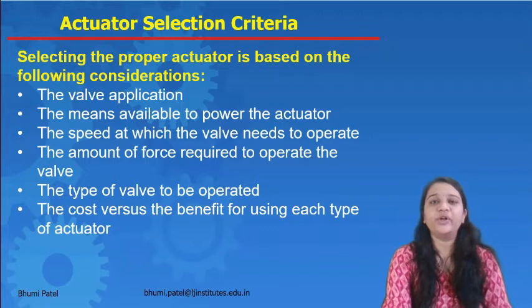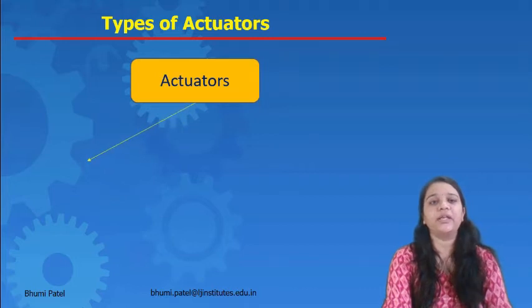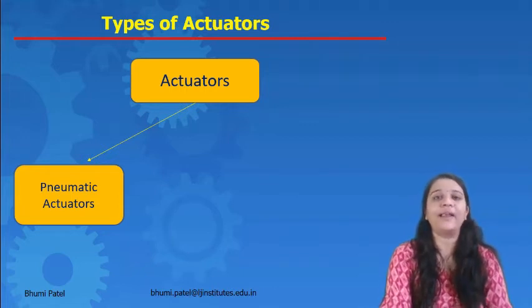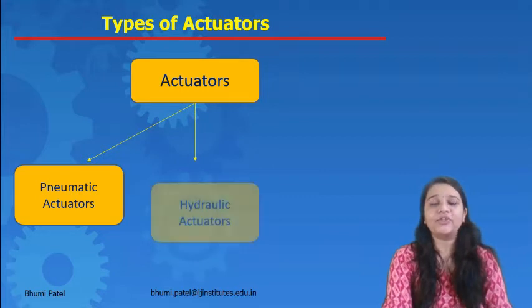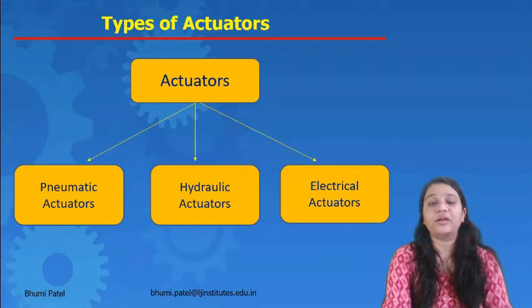Depending upon the selection criteria, we generally have different types of valve actuators. The first type is the pneumatic actuator. In pneumatic actuators, we use air at the inflow and at the outflow. The next type is the hydraulic actuator, and the third type is the electrical actuator.